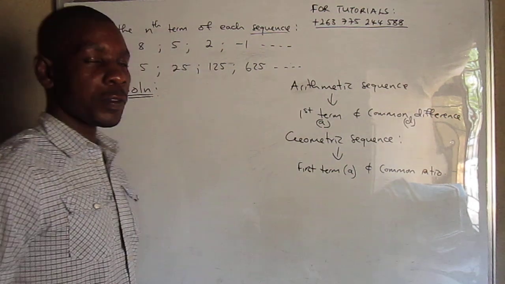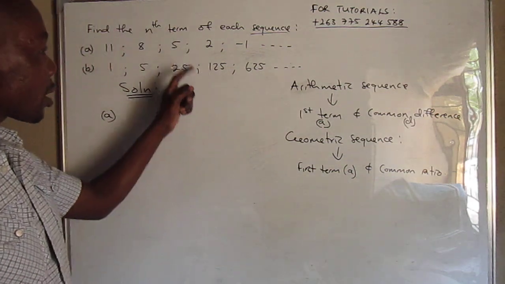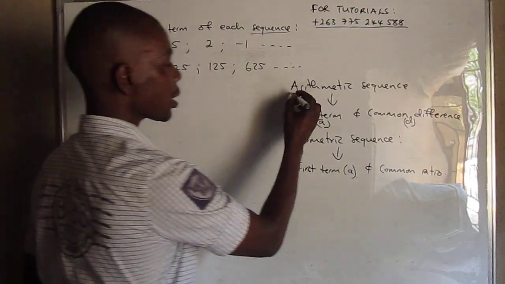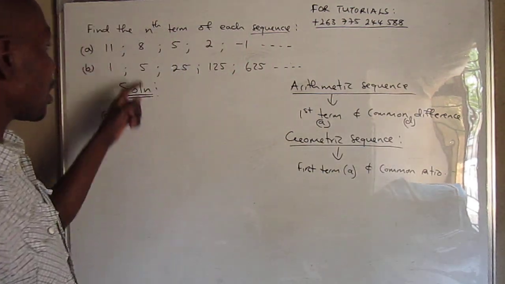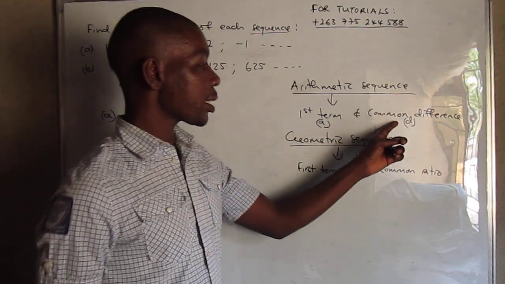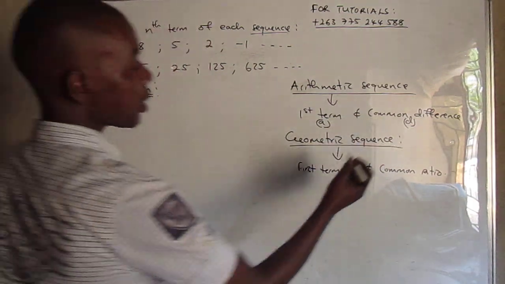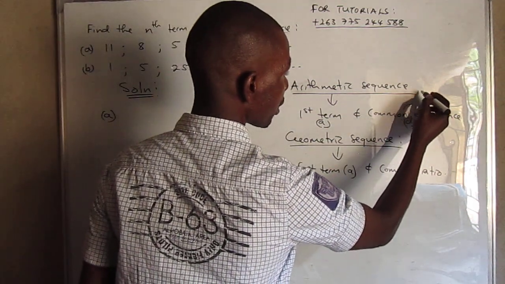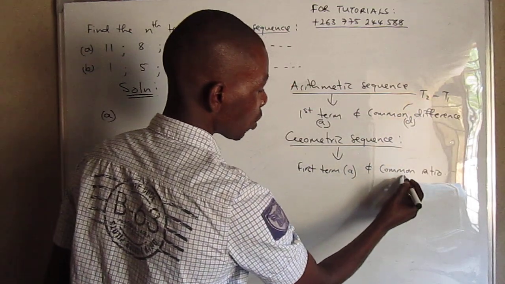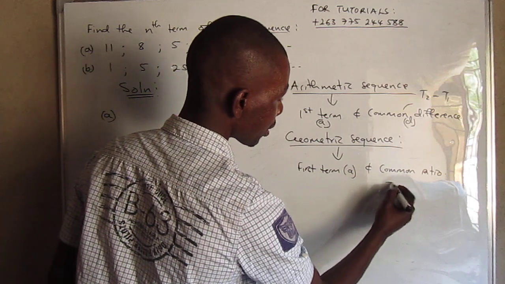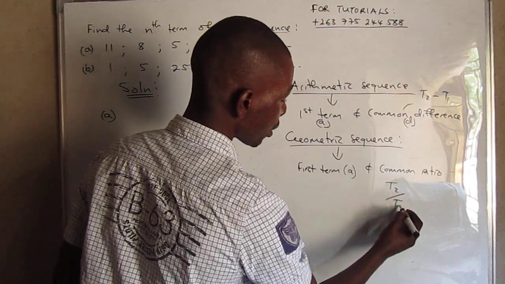So now we have to distinguish those sequences between arithmetic sequence and geometric sequence. In this case, the common difference, we find it by saying T2 minus T1. Then for common ratio, we can find it by saying T2 divided by T1.